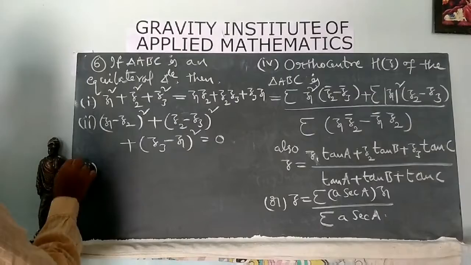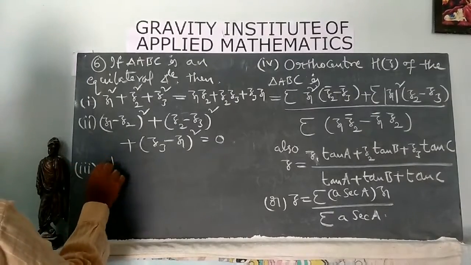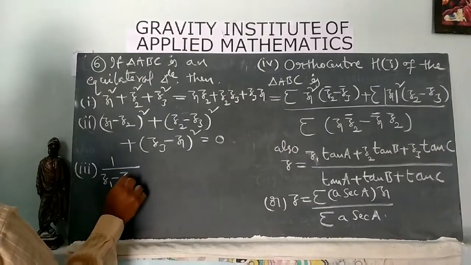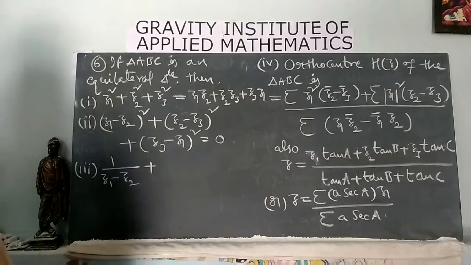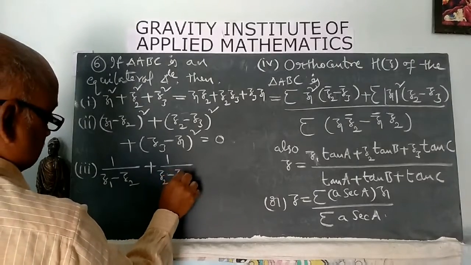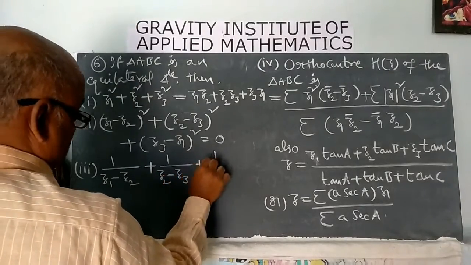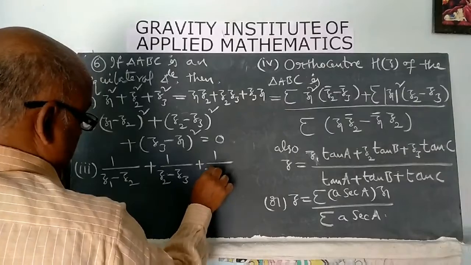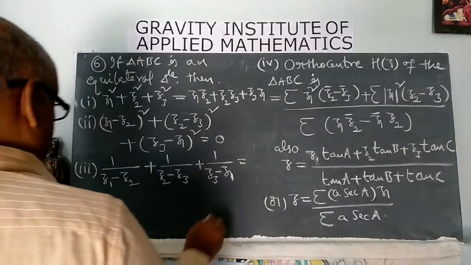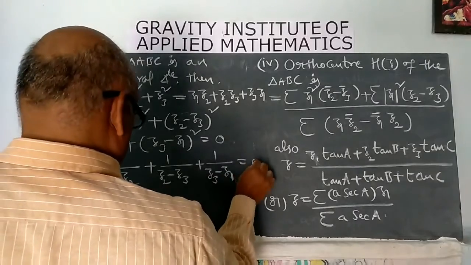Third subpoint, 1 by Z1 minus Z2 plus 1 by Z2 minus Z3 plus 1 by Z3 minus Z1 is equal to 0.